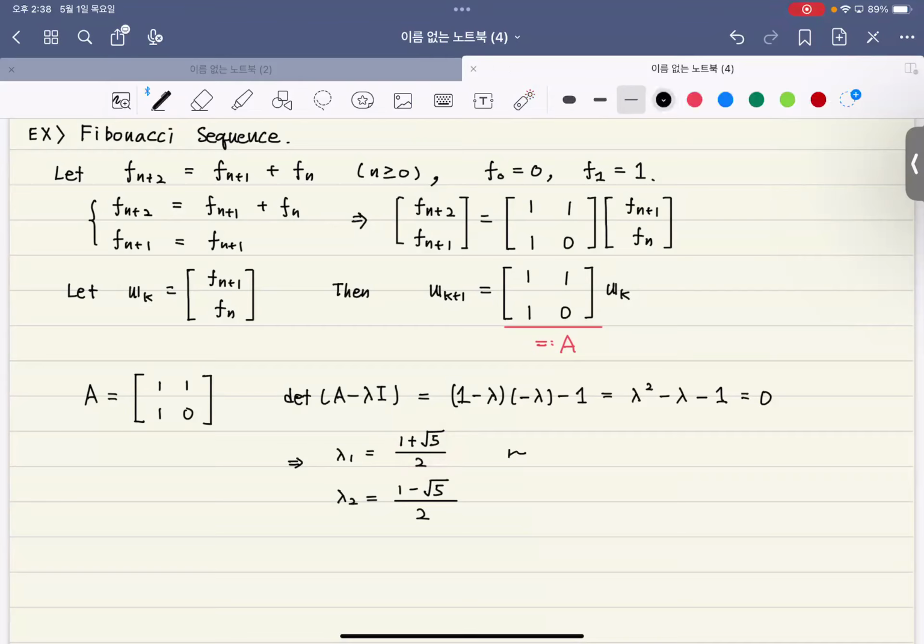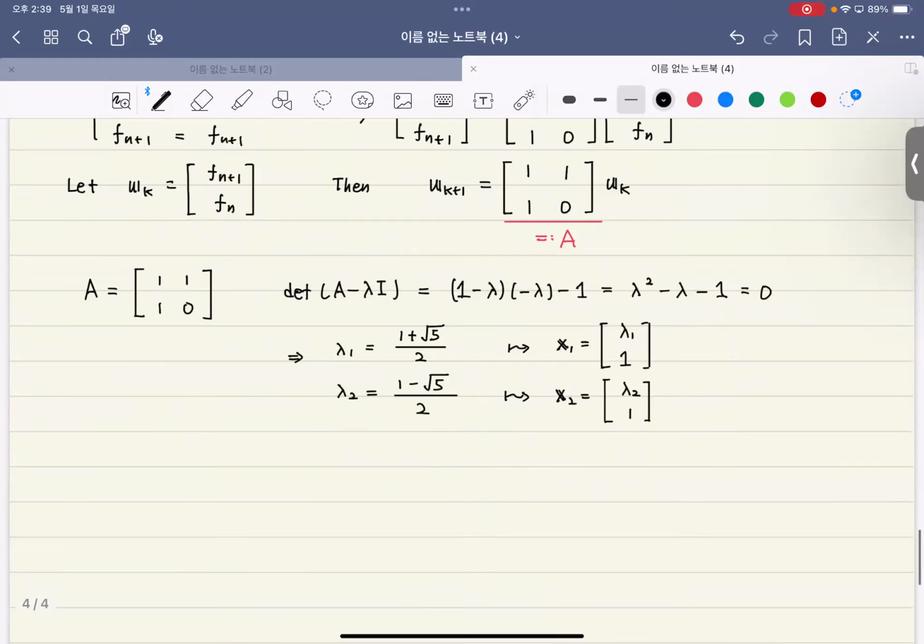This is a tedious computation, so I don't want to spend too much time computing these eigenvectors. The first eigenvector, for lambda 1, is lambda 1 and 1, and the second eigenvector is lambda 2 and 1.